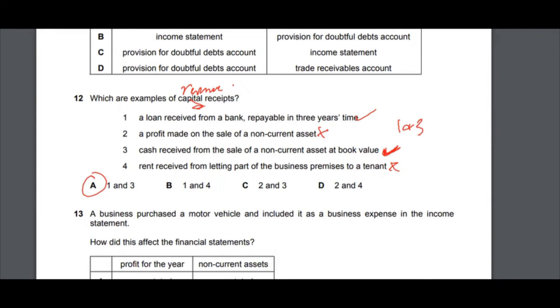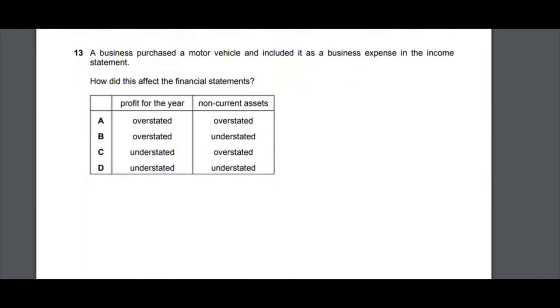Let's look at multiple choice 13. Multiple choice 13 is very classic, tested many times just in different forms. A business purchased a motor vehicle and included it as a business expense in the income statement, right? This should have been capital expenditure, but the business has treated it as revenue expenditure.